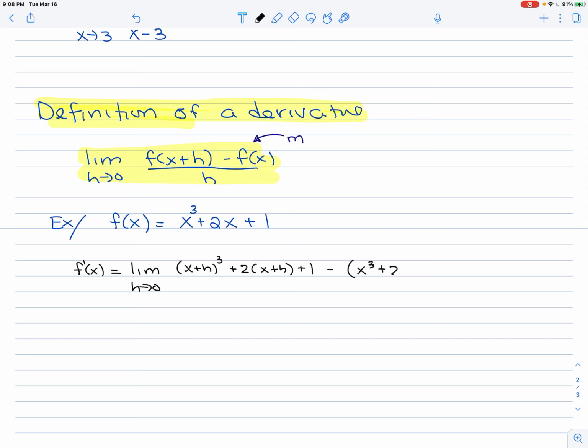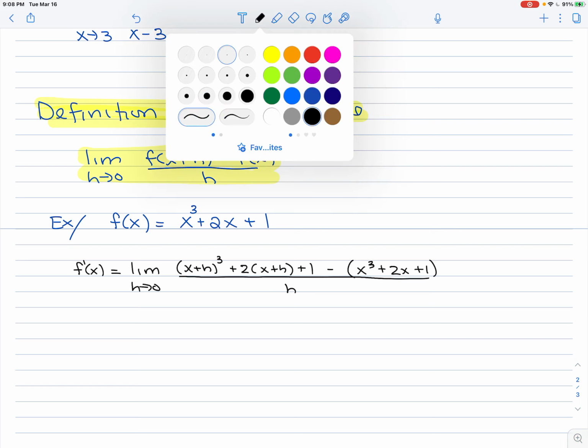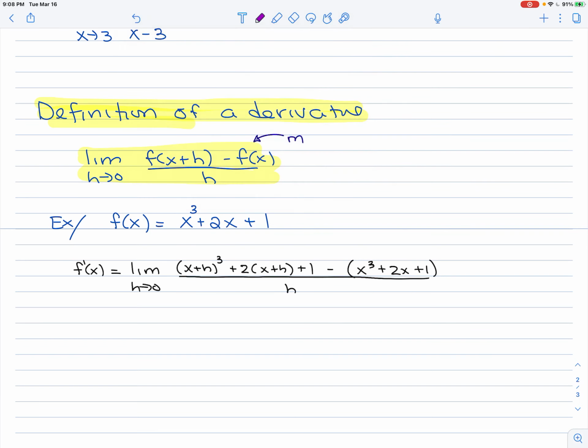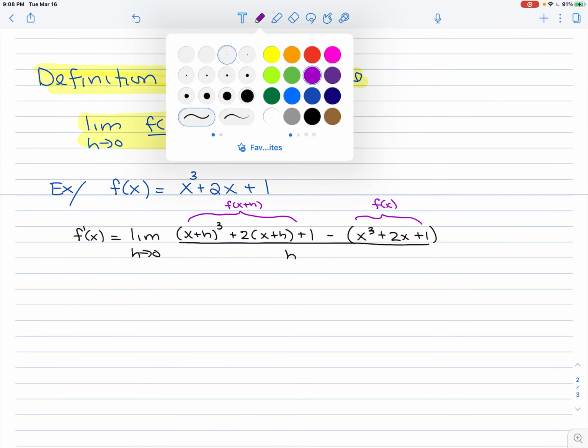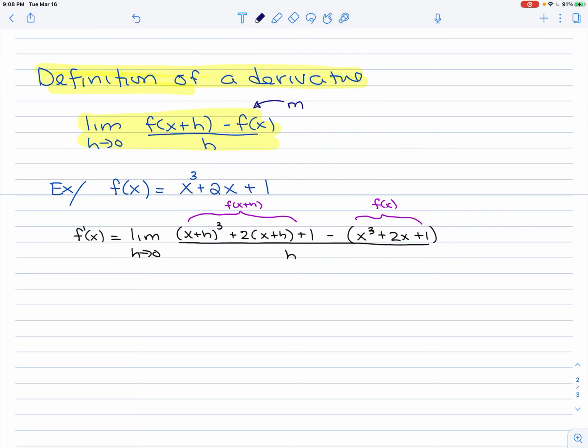So x cubed plus 2x plus 1, and then all over h. So again, this is f of x plus h, and then this is f of x. Okay, so this is important to understand how that function notation works.